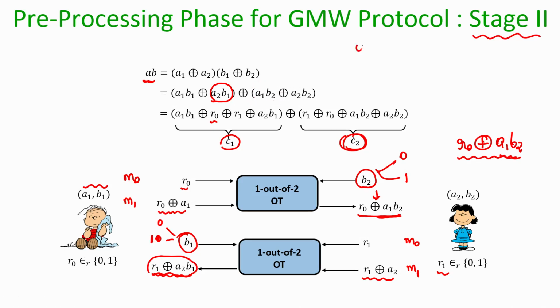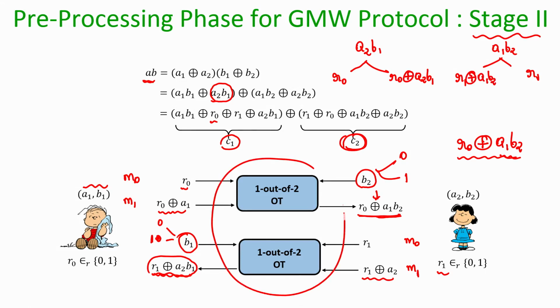So, the cross term A2 times B1 is now made available in a secret shared fashion, where the share of the party P1 is R0 and the share for the other party is a masking of this cross term with the mask R0, whereas for the cross term A1 times B2 the mask is R1 and available with the second party, and the first party gets a masking of this cross term with the mask R1. And that is the purpose of these 2 instances of OT.